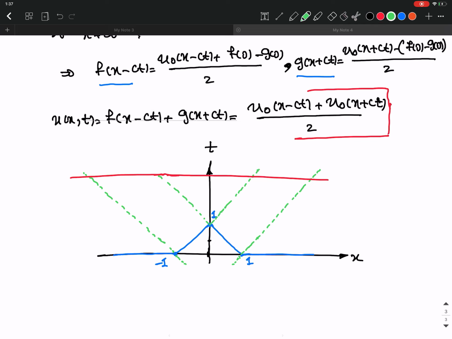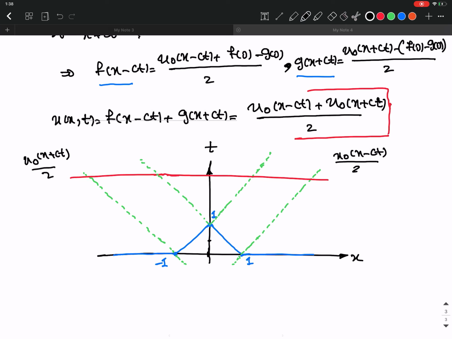So here we have this. So here what you are gonna get is a superposition of two waves. One is going to the right, so this is gonna be u naught (x minus ct) over 2, and this is gonna be u naught (x plus ct) over 2.